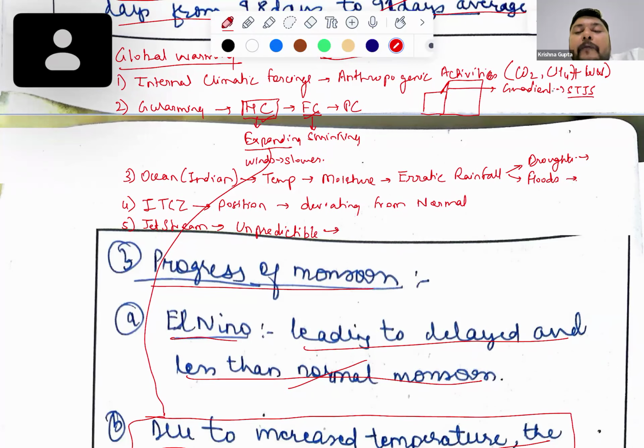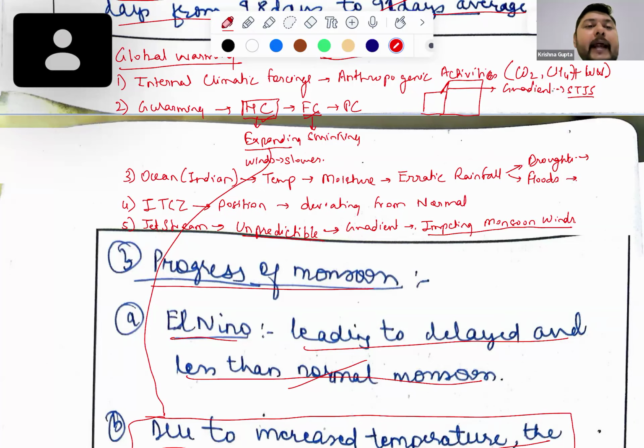The gradient between the air masses of the two regions is becoming unpredictable, so it is impacting the monsoon winds. This is actually impacting the monsoon winds here.